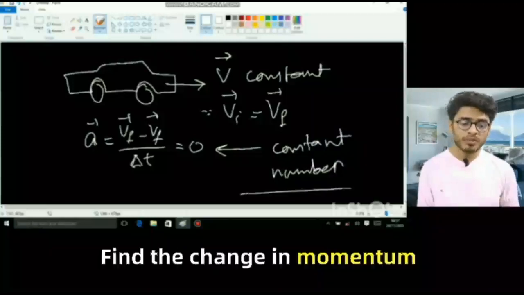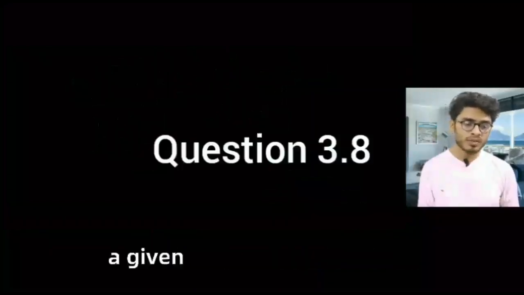Find the change in momentum for an object subjected to a given force for a given time and state the law of motion in terms of momentum.